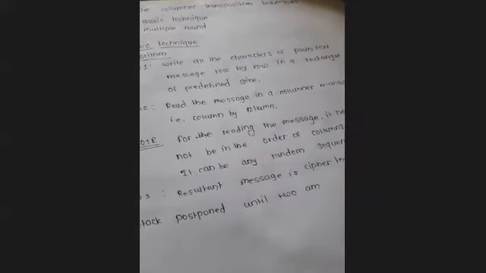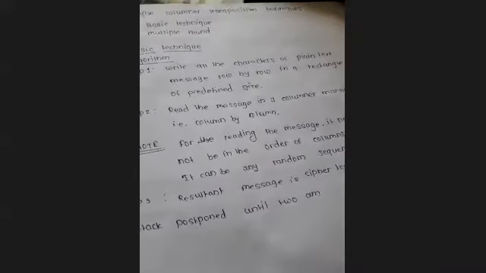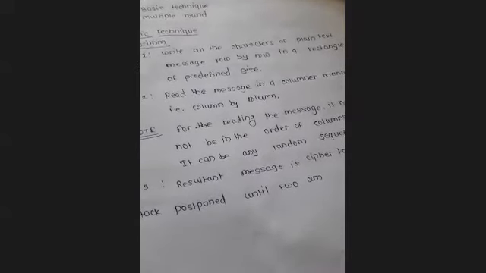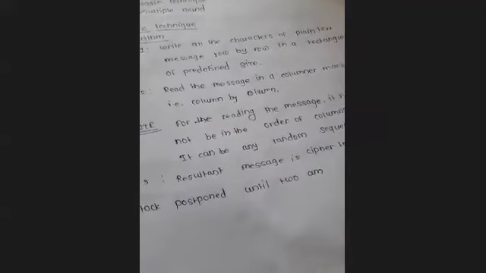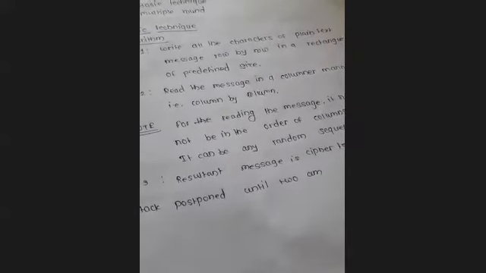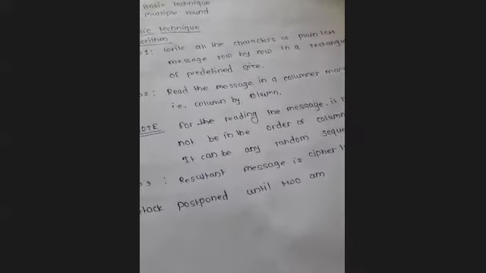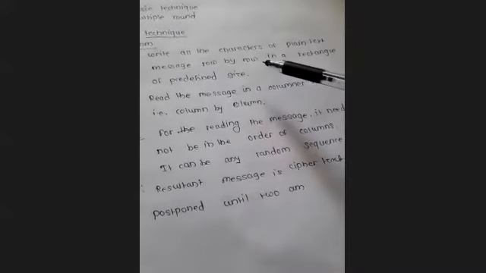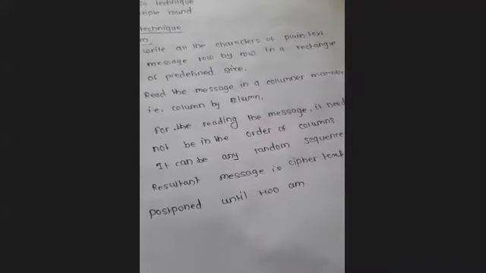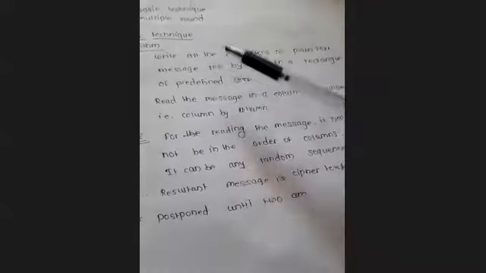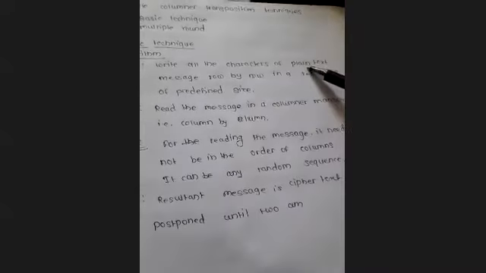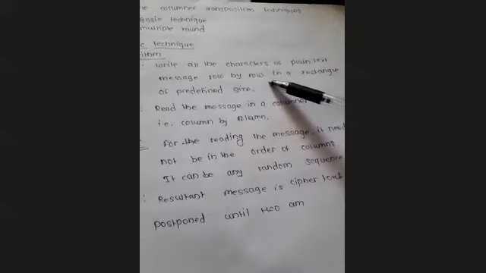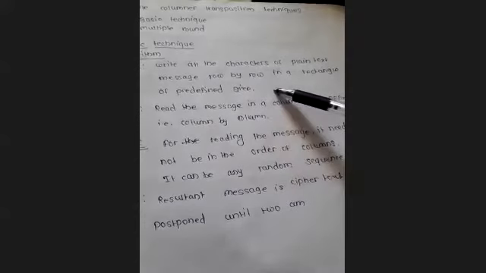If no key is given, remember I told you there will be two concepts, keyed and keyless. In some examples the key will be mentioned, in some it will not. So here the algorithm is written considering the key is not mentioned. Write all the characters of your plain text message row by row in a rectangle of predefined size.